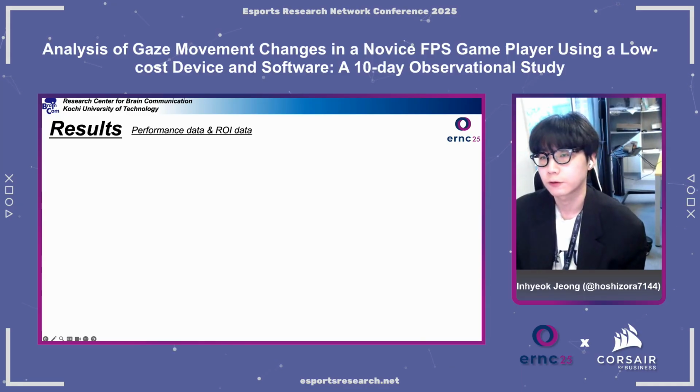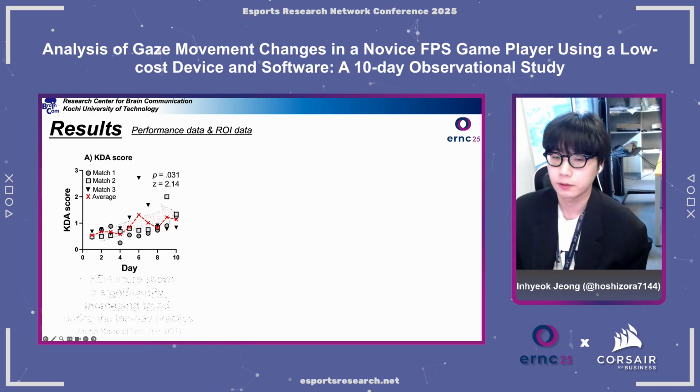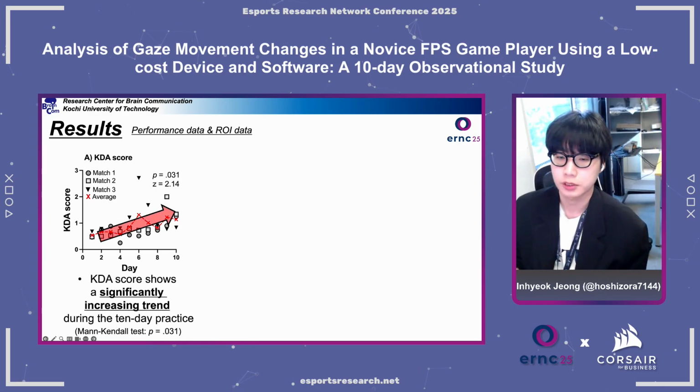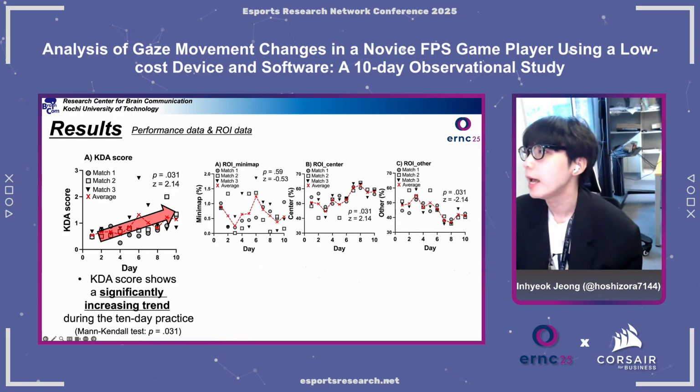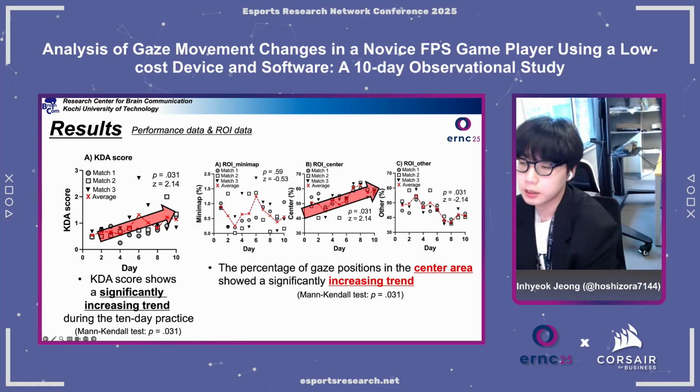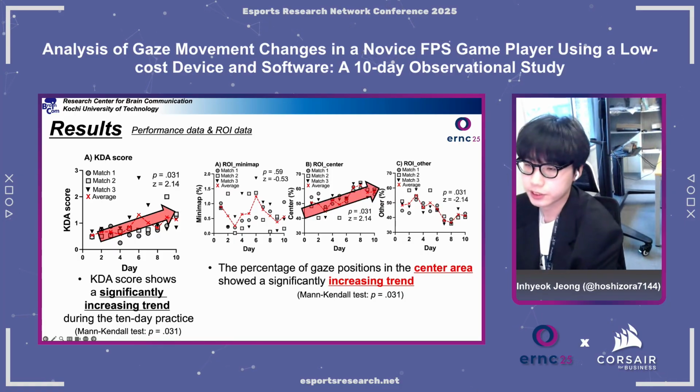And this is the result of performance data and region of interest. In performance level, the KDA score shows a significantly increasing trend during the 10 days of practice. And the percentage of gaze position in the center area showed a significantly increasing trend.